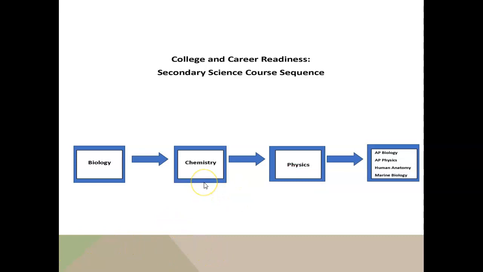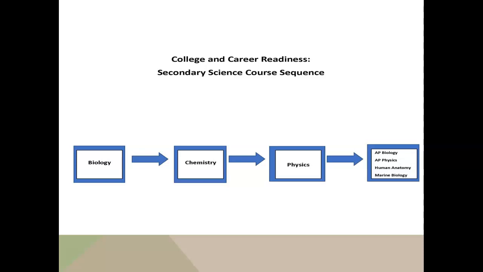It is possible for students to select human anatomy and marine biology and not take chemistry. Please make sure that on your 4-year plan, you are taking chemistry your junior year, and your senior year, you are taking physics.